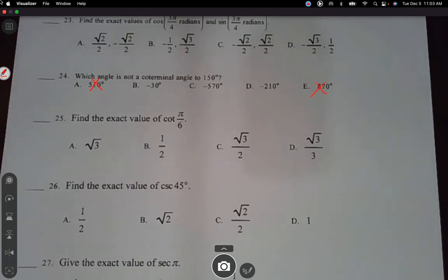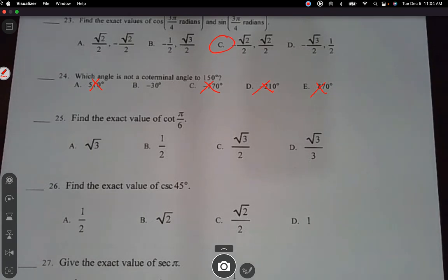So that takes care of all those. Now let me go backwards. What's 150 minus 360? Negative 210, and then minus 360 again is that one. So which one was not coterminal? B. You just add 360 a couple times, subtract 360 a couple times. Are we okay with that? What was 23 again? 23 is C.